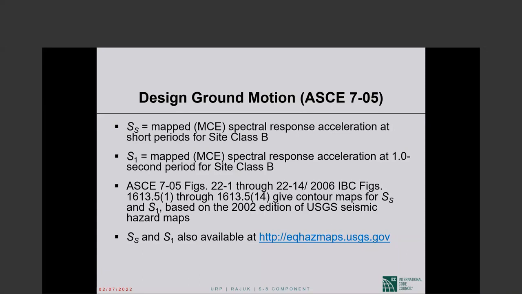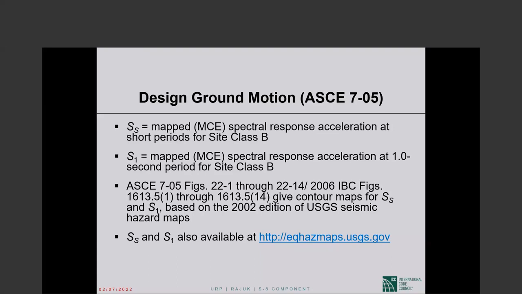S sub s is mapped. It really means the values that appear on a map issued by the US Geological Survey. Mapped maximum considered earthquake. I will define that, but note that we are not talking about the design earthquake, which is different.